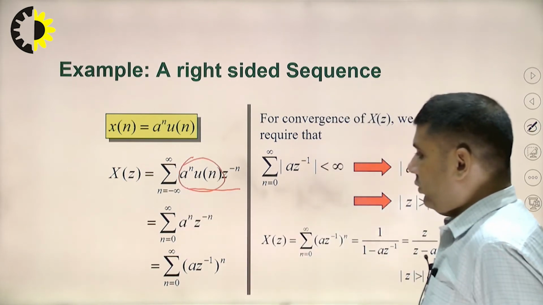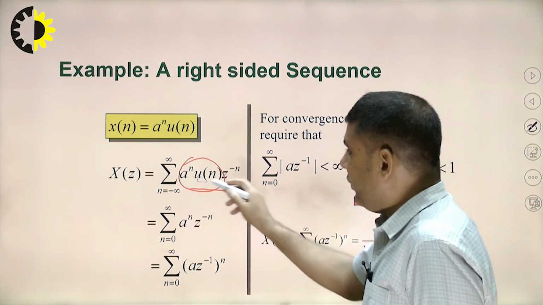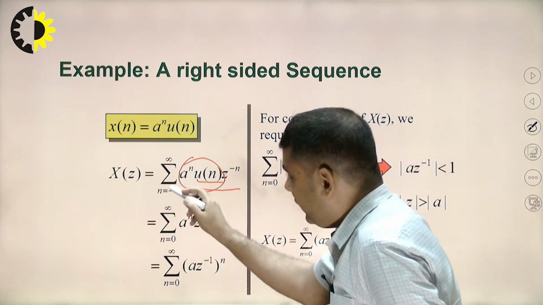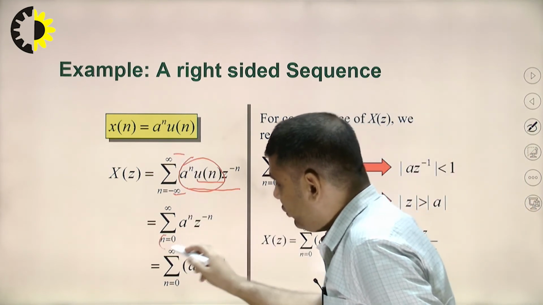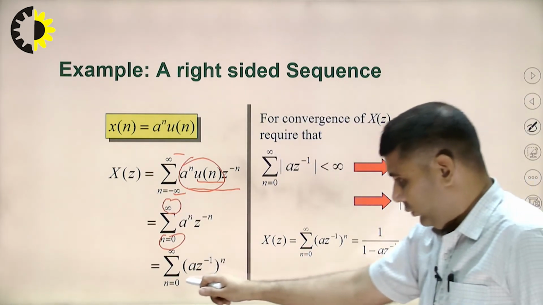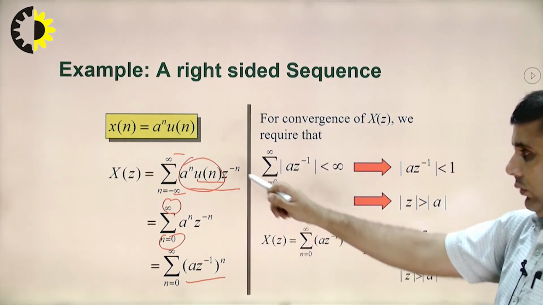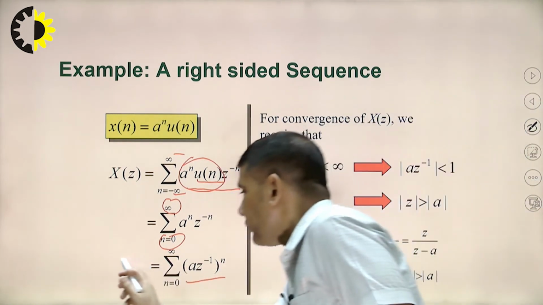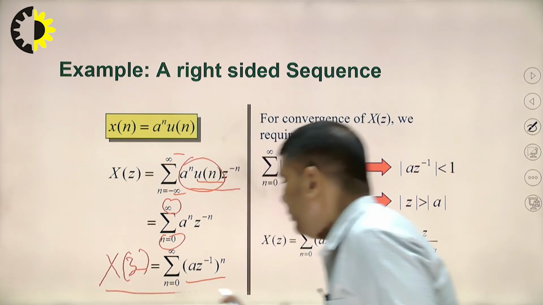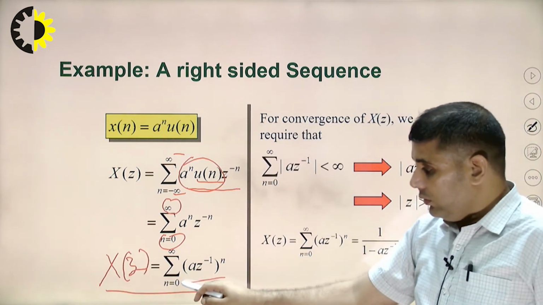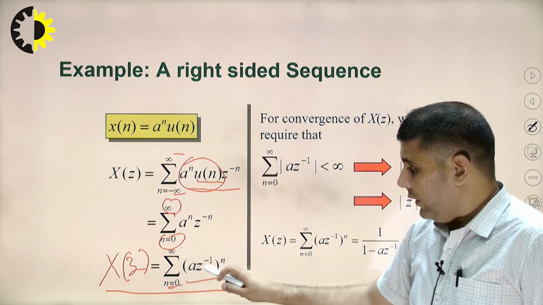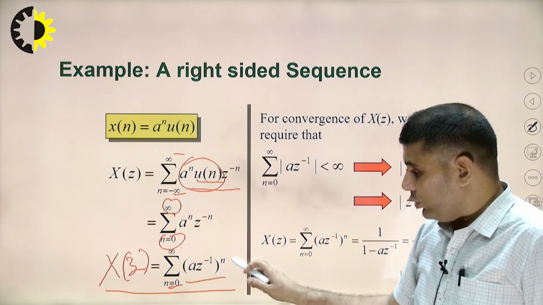If you solve it out, u[n] is nonzero only from 0 to infinity, so the limit changes from minus infinity to 0 to infinity. This comes out to be X(z) equal to the summation from n equals 0 to infinity of (a z^(-1))^n.